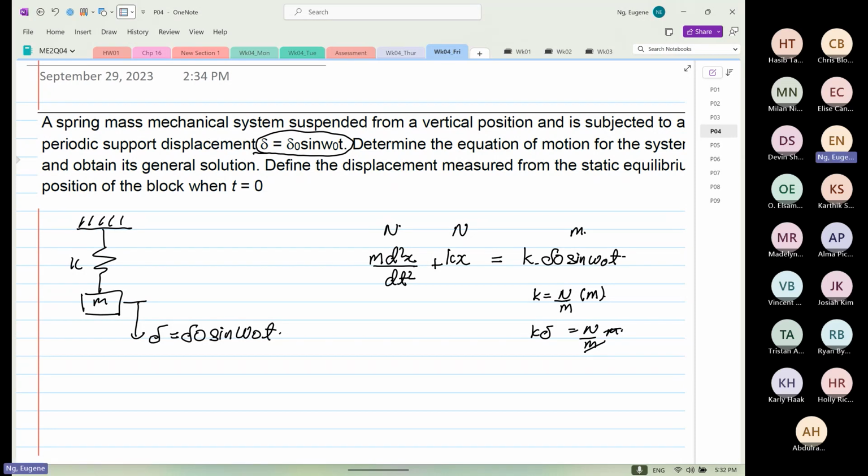Not necessarily a force, it's a displacement. You want it to oscillate at that magnitude. That's the only difference. So be very cautious about your unit balancing. We clear? So that is question number 2 in a nutshell.